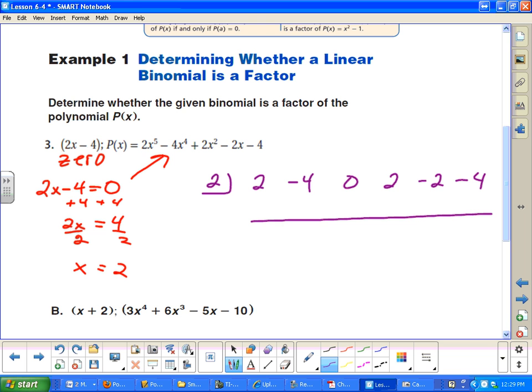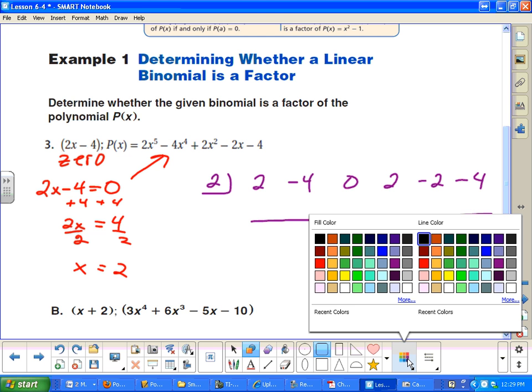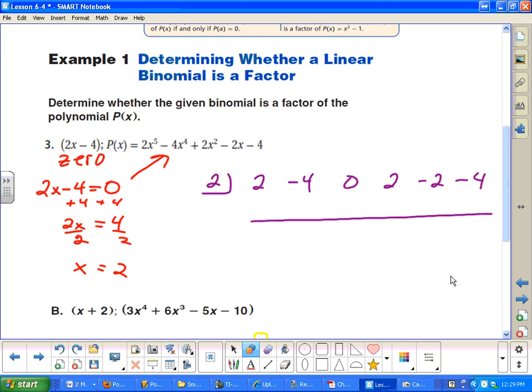So we're doing just like our synthetic division. And what we're concerned about when we're all done is what is this number here? If that number is a 0, in other words, if I have a remainder of 0, then it's a factor. If I don't, then it's not a factor.